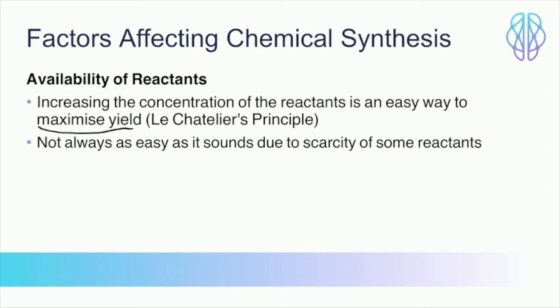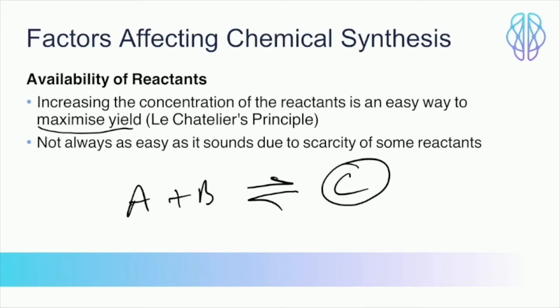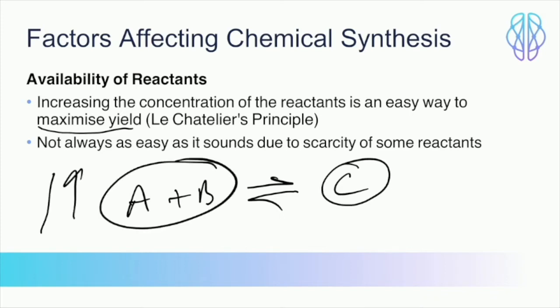So if I have a chemical synthesis, say A and B are reacting to form C. A really easy way to make more of C is to add A and B in excess, so a lot of A and B. Now, if I've added a lot of A and B, I've obviously disrupted this dynamic equilibrium that I have.